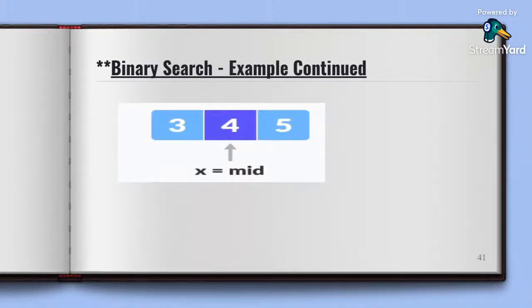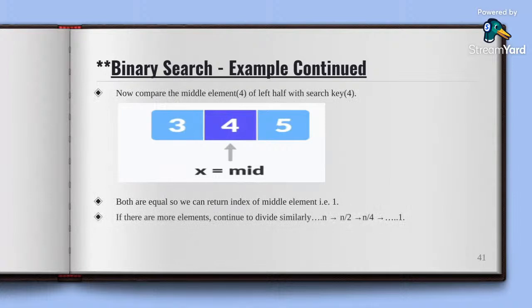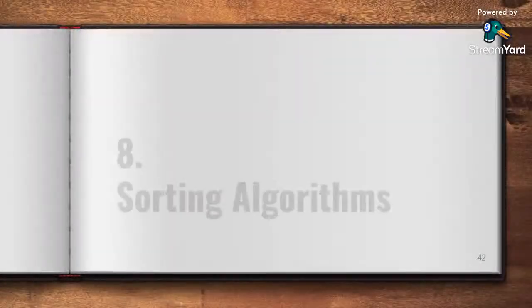Again, we choose the mid element, in this case 4, because the match is found, so we return that element. We don't have to do further search, but if it was not found, we'll repeat the same process over and over again. If there are more elements, continue to divide similarly by n by 2, n by 4, and so on.